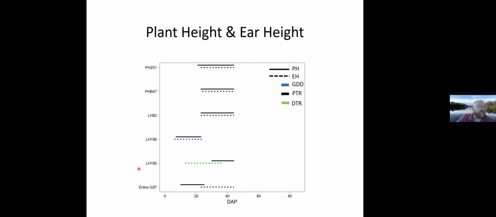For example, the LH185 uses diurnal temperature range for ear height, and LH198 uses GDD for ear height. But all in all, we do see the windows of time overlap. So we can say it appears that the same environmental factor is driving or can be used to predict plant height and ear height in this data.